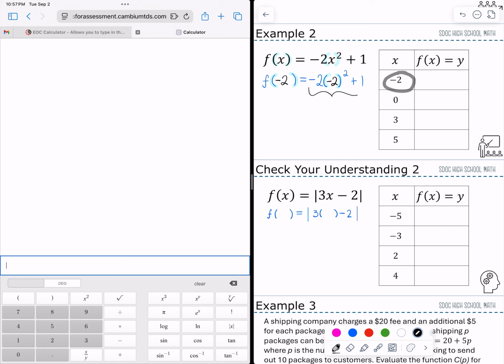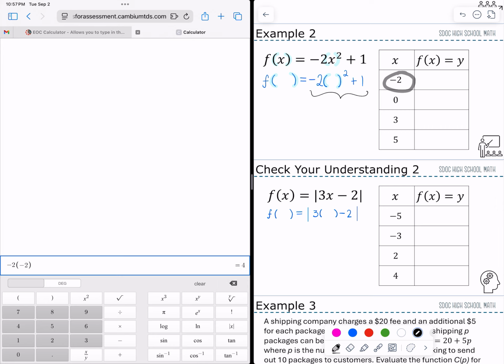We are going to type this into the calculator. Now, I'm not going to write the negative 2 here. I'm just going to know that I'm substituting in negative 2. So I'm going to go ahead and type in this part of the equation into my calculator. Negative 2, parentheses, and inside the parentheses, negative 2, close parenthesis.